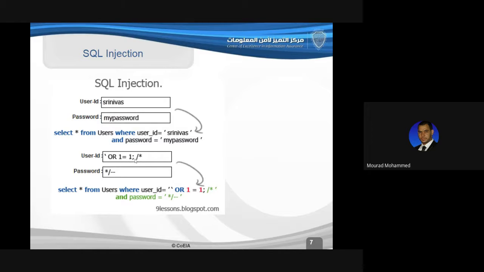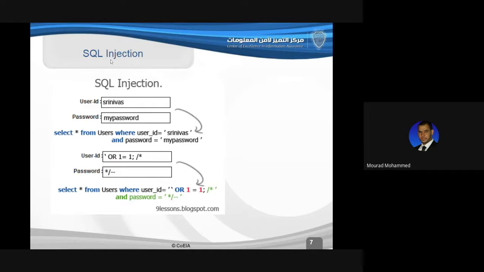We terminate the query with a semicolon, and we make the rest a comment. So either the first or the second, if any one is true, the system will open. And since 1 equal to 1 is true, whatever the first part is, the system will open.